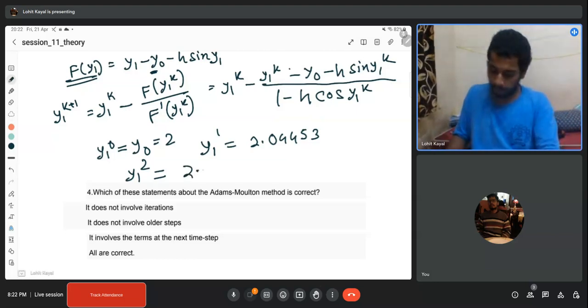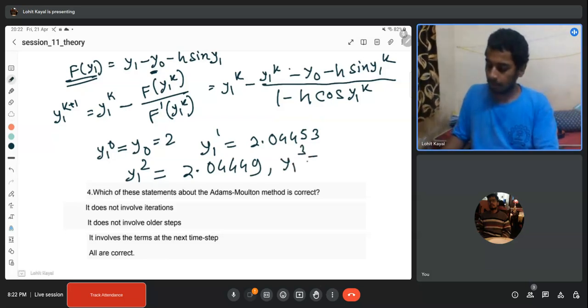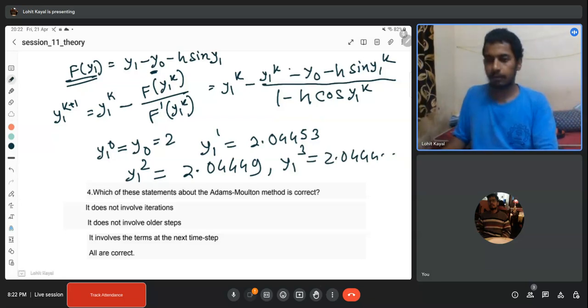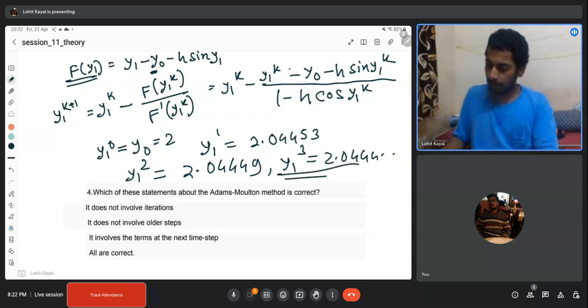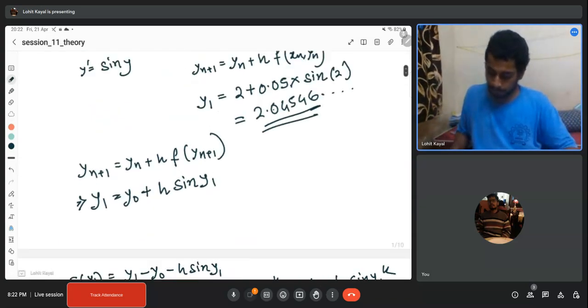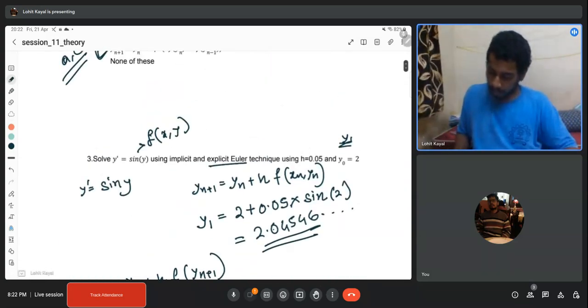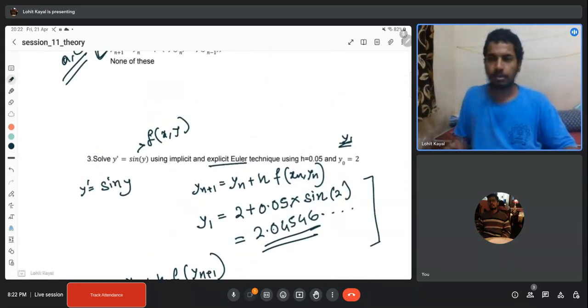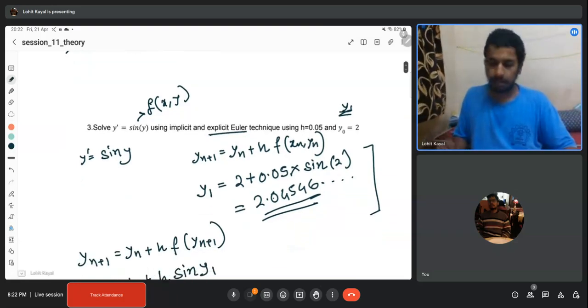You will find it will be 2.04449, and you will see that y1 of 3 will be similarly like 2.0444 to some other value. So after one more iteration, it will simply converge. Okay, so this is the idea how to use explicit Euler and implicit Euler to solve this kind of problem.